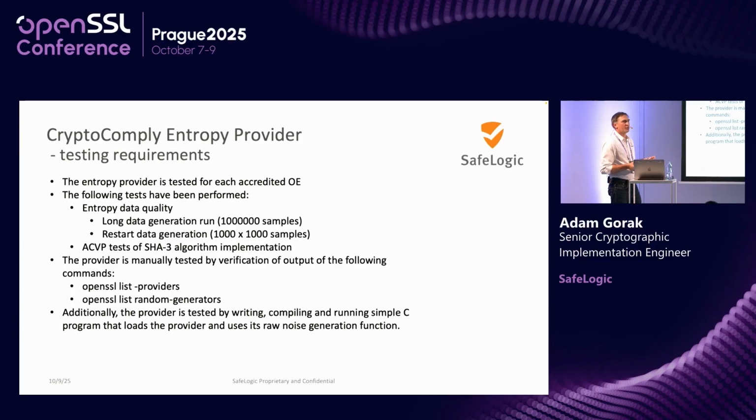These data sets are generated under realistic conditions on the target operating systems. All additional cryptographic algorithms also need to be tested. In our case, it was the SHA-3 algorithm that is used for conditioning of the noise entropy data.